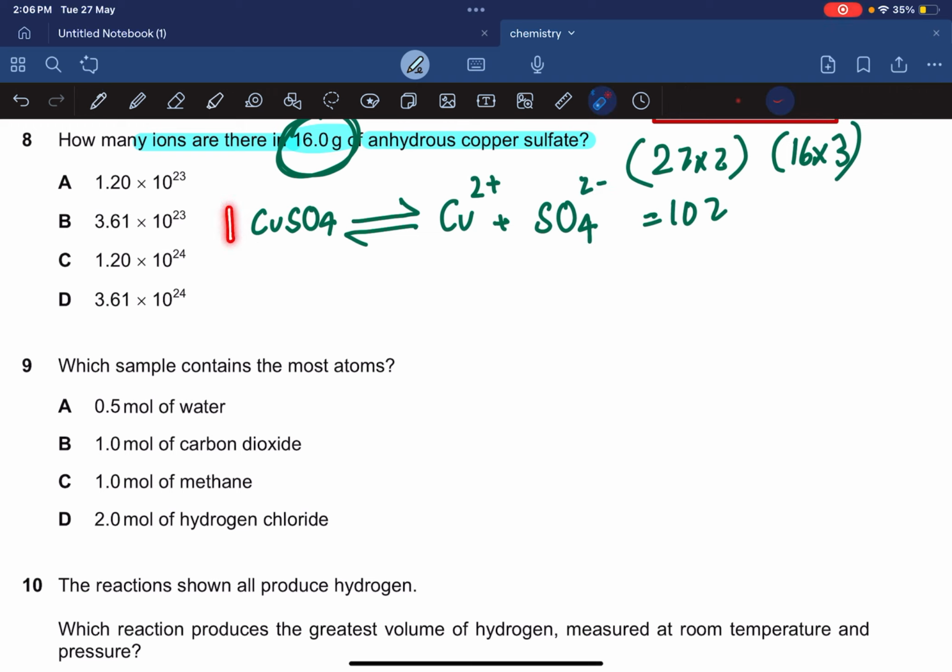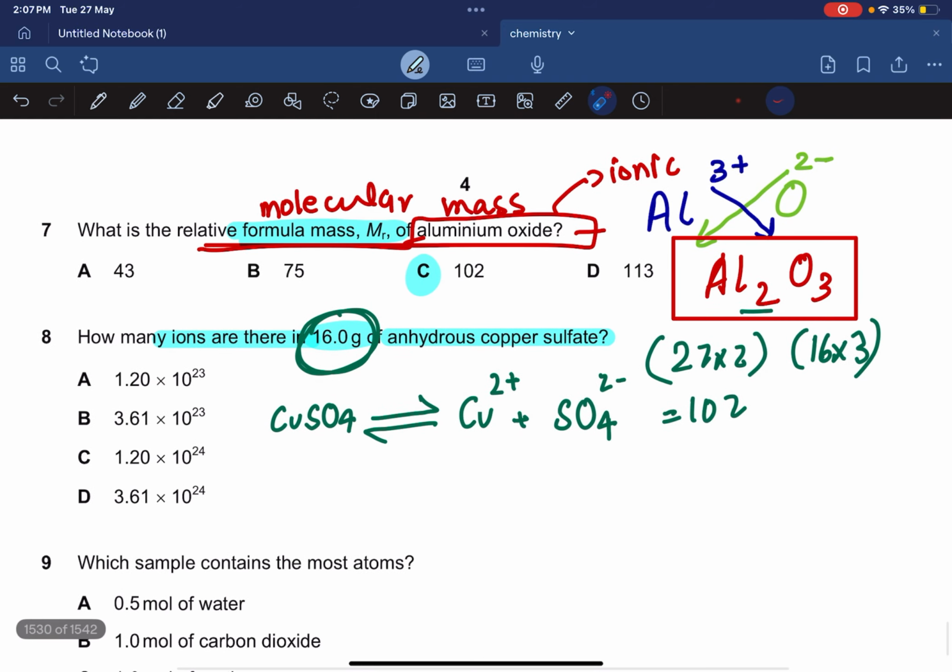From 1 mole of copper sulfate, you can form 1 mole of copper ions and 1 mole of sulfate ions. And in total, from 1 mole of copper sulfate, you can form 2 moles of ions. Okay? That's what was, I guess, most confusing for people, that from 1 mole of an ionic compound, you can form 2 moles of the ions that make it.